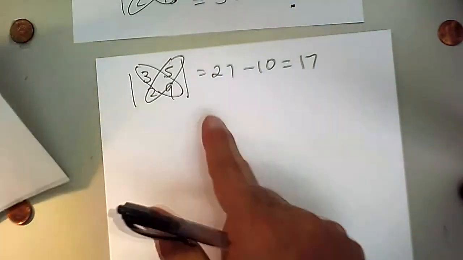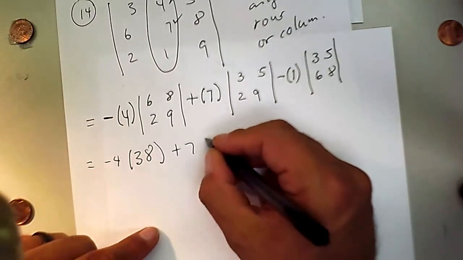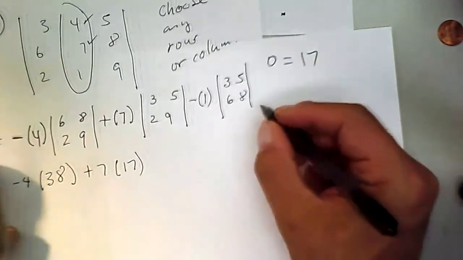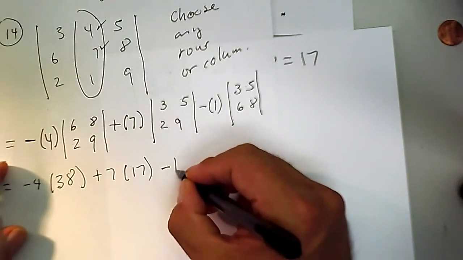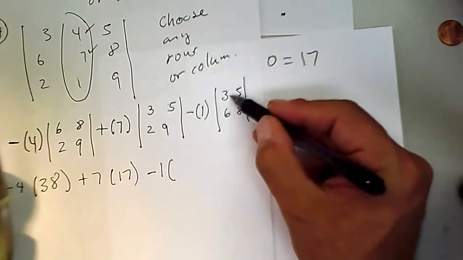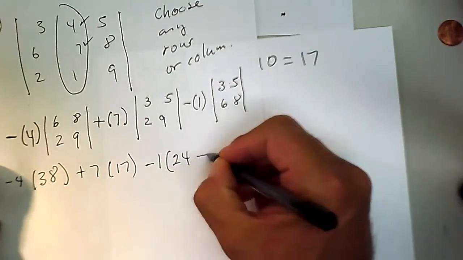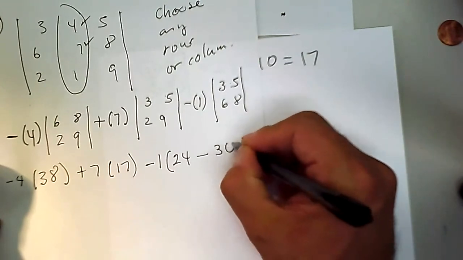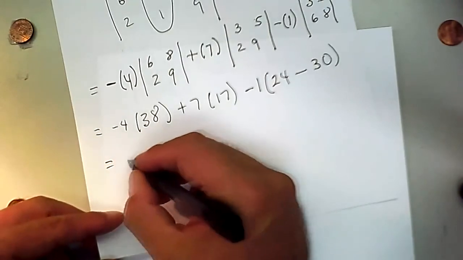Now, I usually don't do that on a separate piece of paper, but I guess we can do that here. Minus 1 times 3 times 8 is 24, minus 30. Okay, so negative 6.